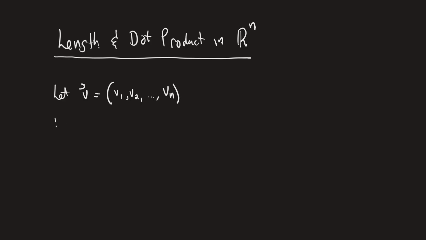So the length, or norm, it's sometimes called the norm. The length or norm of v, this is how it's denoted. Again, depending on your background, I might use a notation that you're not familiar with, or maybe you've seen it in a slightly different context.